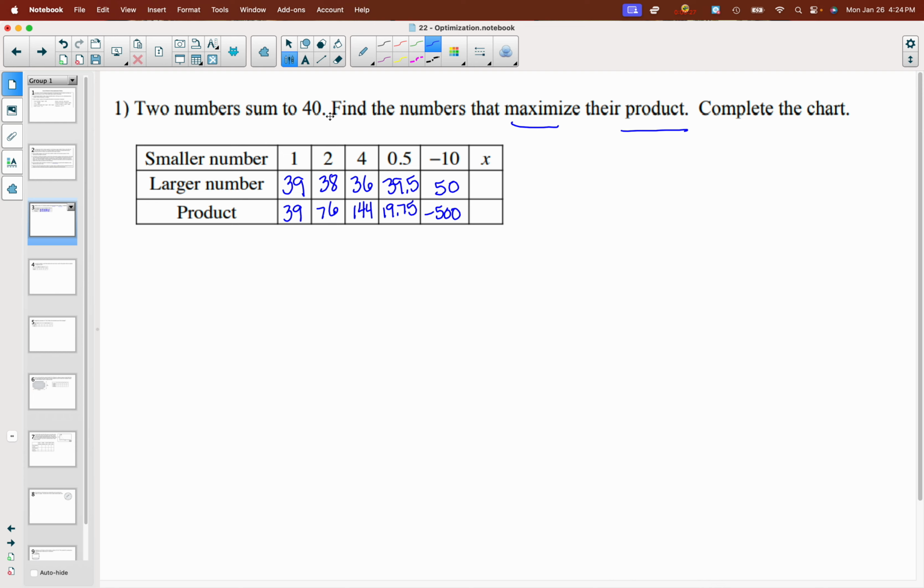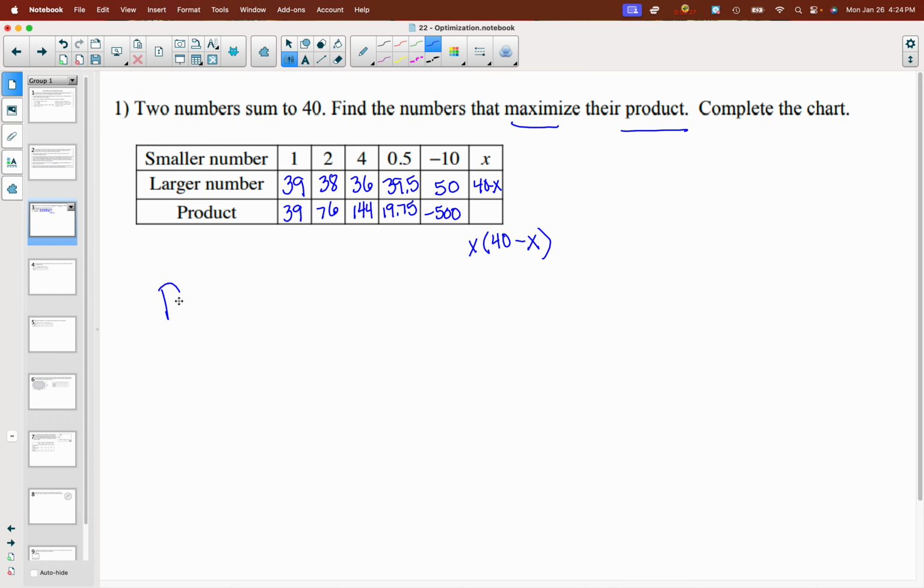Now, the whole purpose of this chart is so you can find the equation that we're trying to maximize. So if the smaller number is x, then the larger number is 40 minus x, and the product is x times 40 minus x. That's what we're trying to maximize.